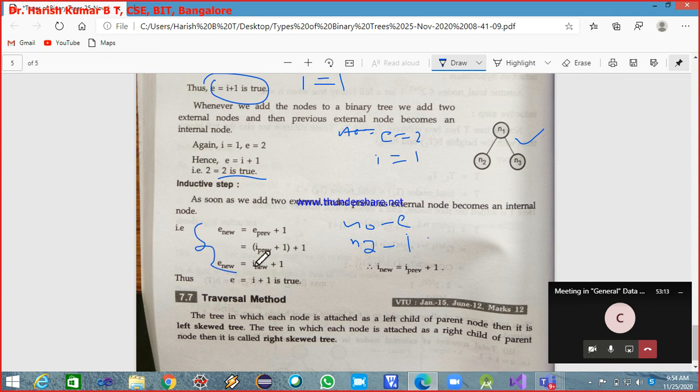So any doubts still here? No, sir. Okay. So you have to remember the types of binary trees and the properties of binary trees. Apart from the complete binary tree and almost complete binary tree, there is also something called a skewed binary tree, and that is easy. What is a skewed binary tree? It is a tree which is in a split form.